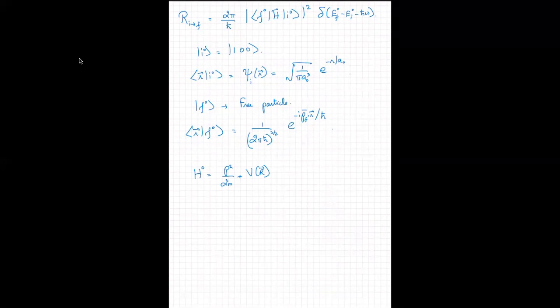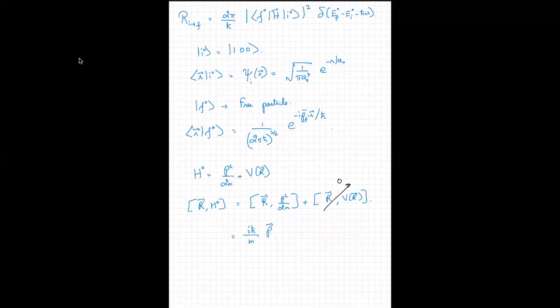If I calculate the commutator of r and H0, this is equal to the commutator of r with p square over 2m plus the commutator of r with V of r. Since the different components of position commute, the second will be equal to 0, and the first you can evaluate very easily to be i h bar over m times p.